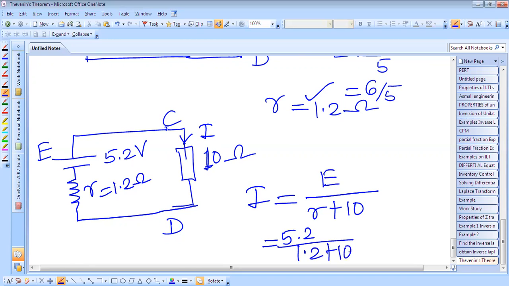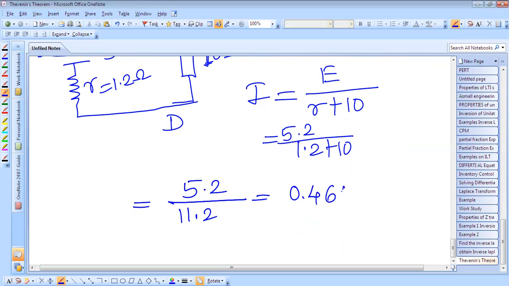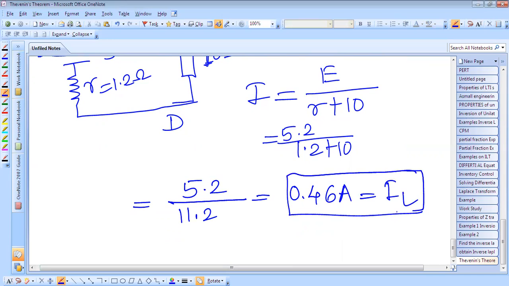So this E is 5.2, this is 11.2, and this value comes to 0.46 ampere. So this is the current flowing through the load resistance 10 ohm by using the Thevenin's theorem.